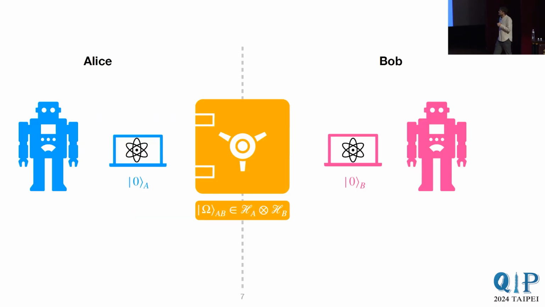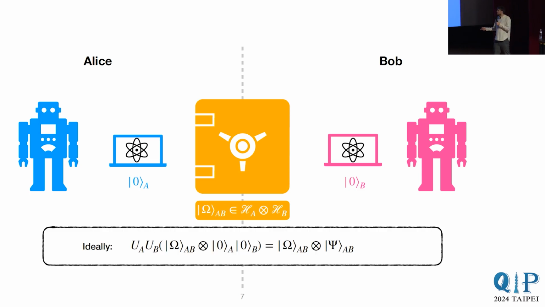So what we have in mind is that Alice and Bob can only do local operations without classical communication. What they want to do is take out of the safe an entangled state while not perturbing the state of the safe.